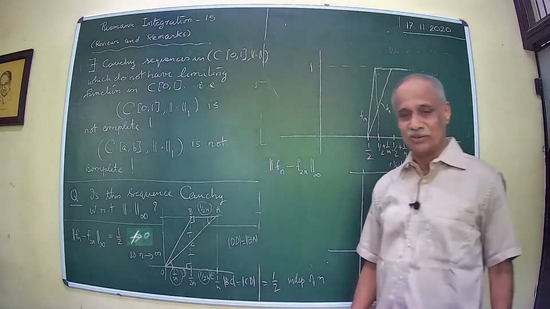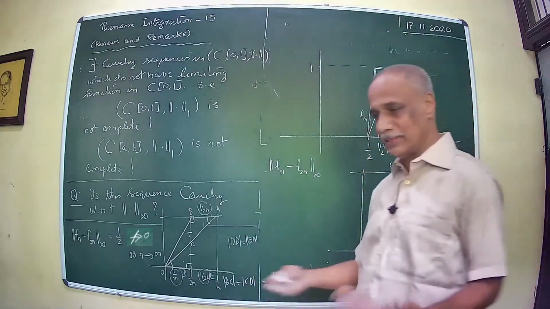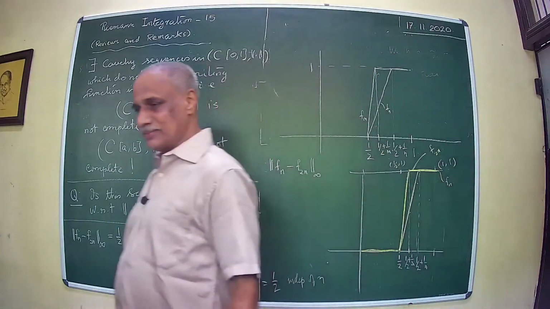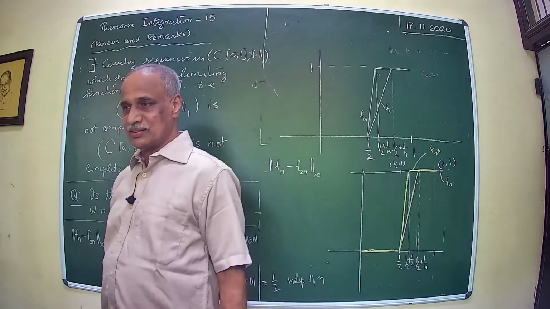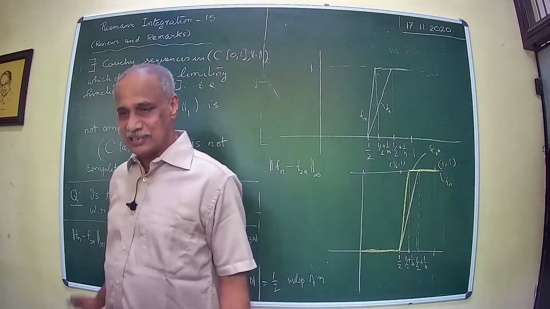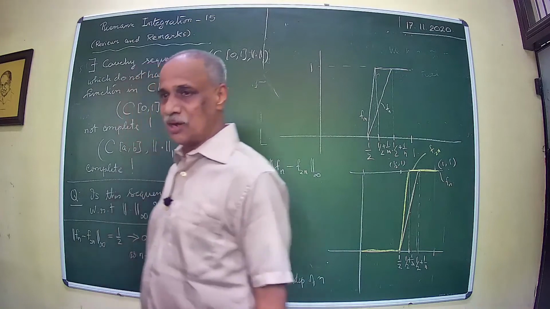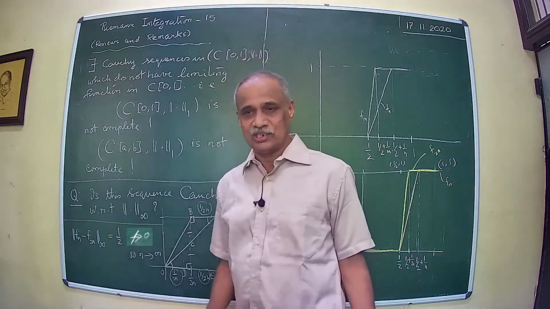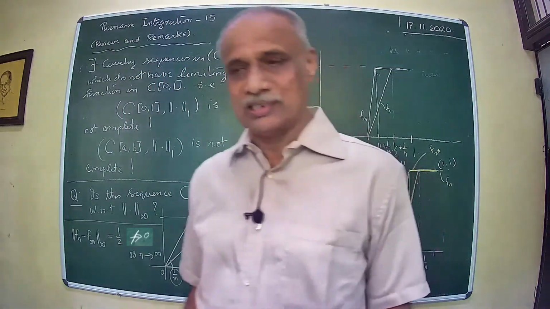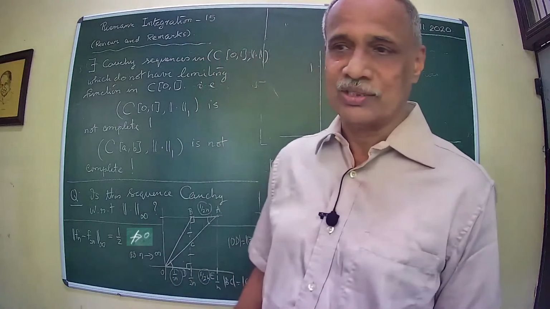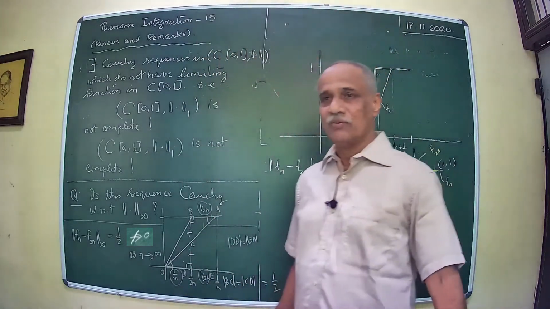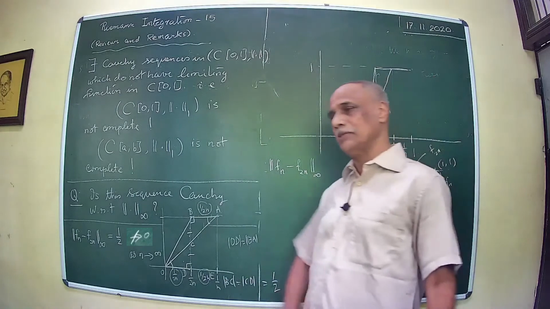Okay, that is why there is no question of a completeness problem or anything coming up there. So, although this is a sequence of continuous functions, the sequence that you have chosen is not a Cauchy sequence with respect to one metric, whereas it is a Cauchy sequence with respect to another metric.